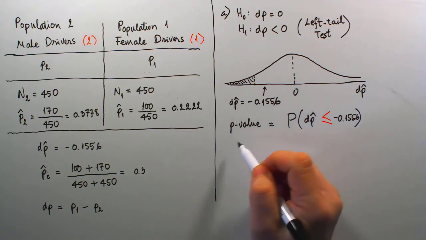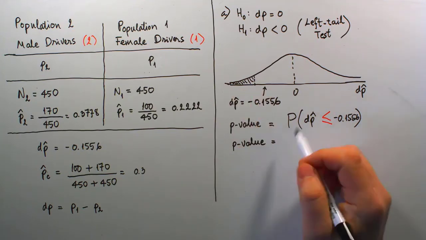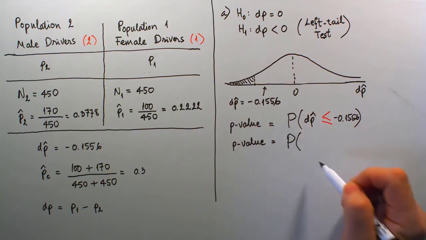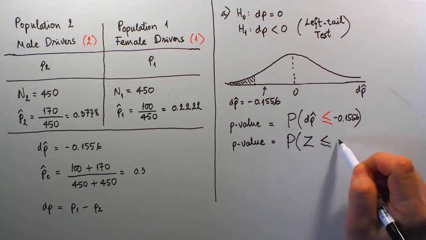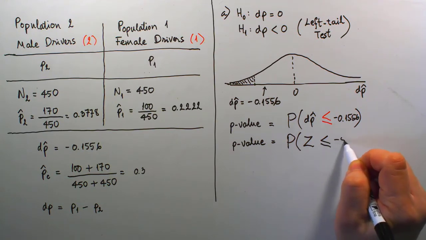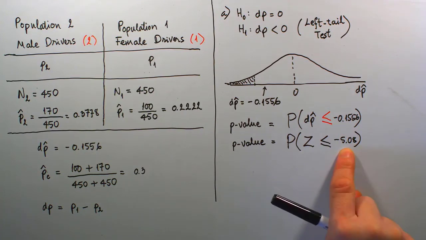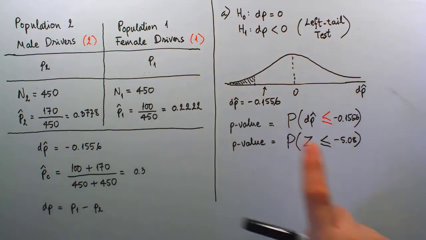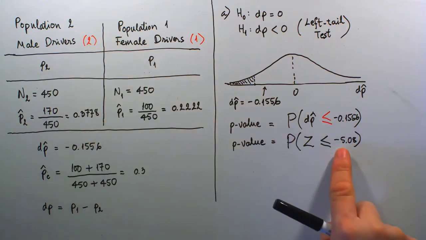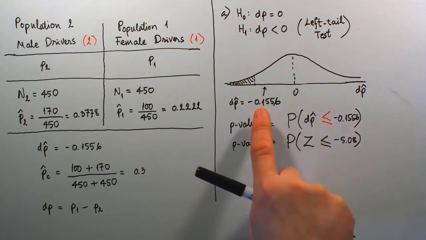And so consequently, as the next step, this area here on our current bell curve will equal the area on the standard normal distribution bell curve, where we're looking for a z-score falling below negative 5.08. Because recall that this z-score was positive when our labeling convention was the other way around. But now since we switched the labeling convention, this z-score will consequently become negative as well, along the way with how our sample became negative.